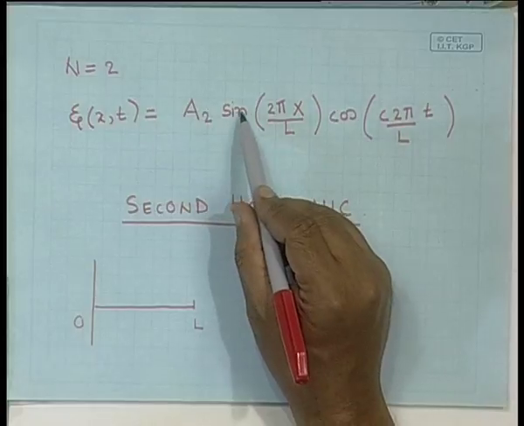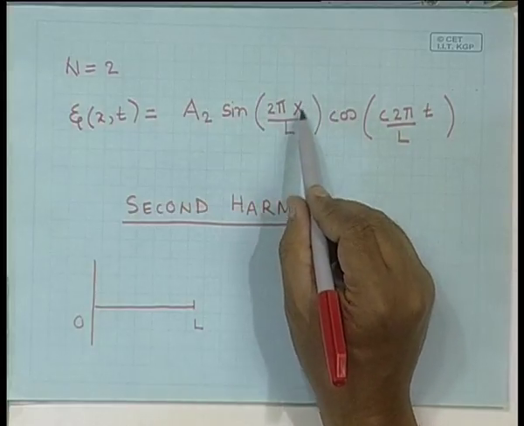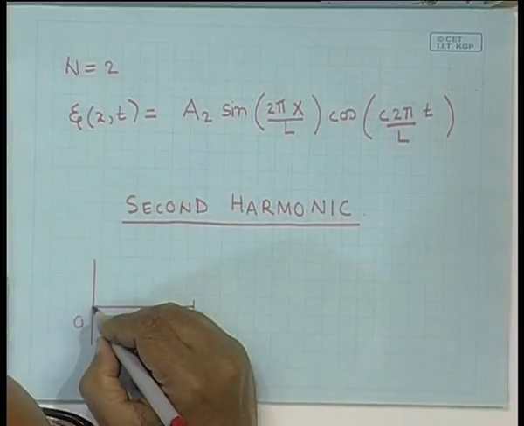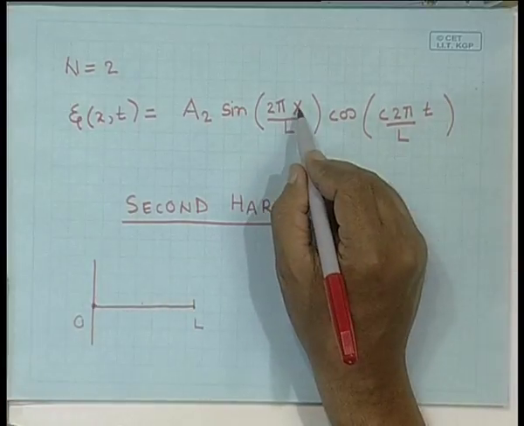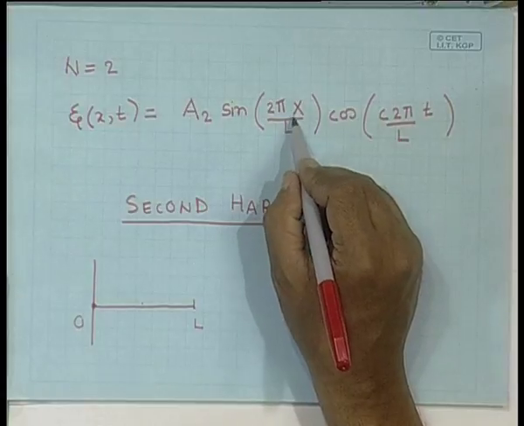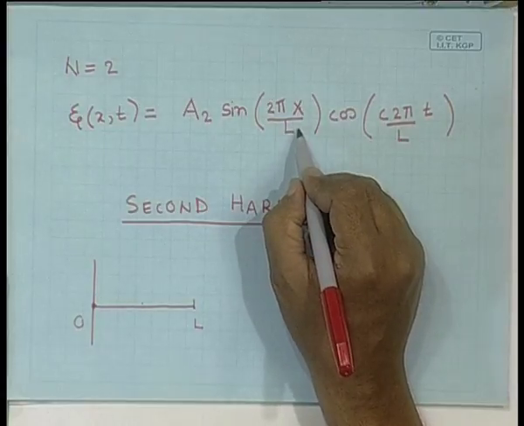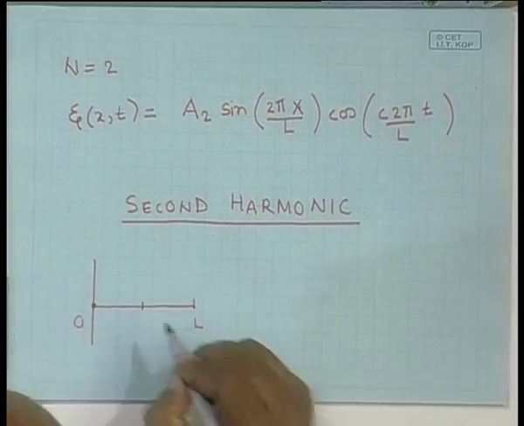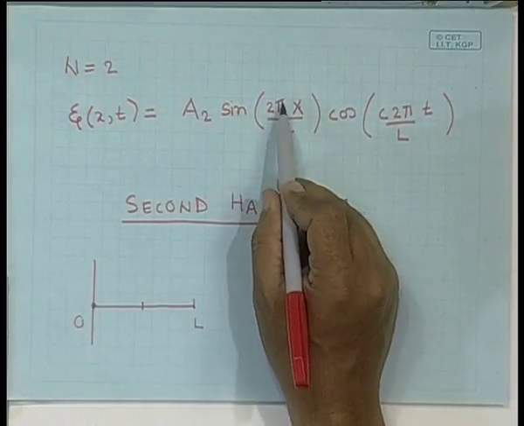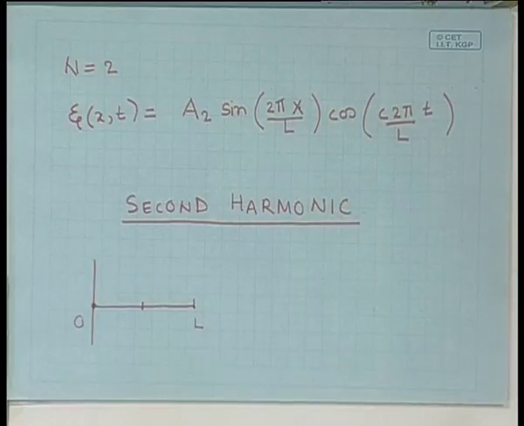So, at t equal to 0, this is sine 2 pi x by L. So, we know that it will have value 0 here, it will have value 0 here, it will also have a value 0 when x is L by 2. At x equal to L by 2, the argument over here becomes pi. So, it will again go to 0. So, we are drawing sine 2 pi x by L and it will look like this.